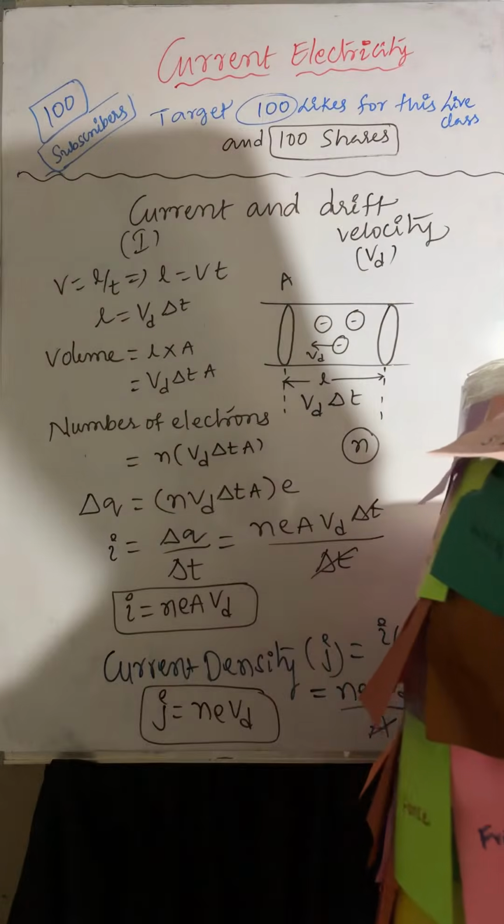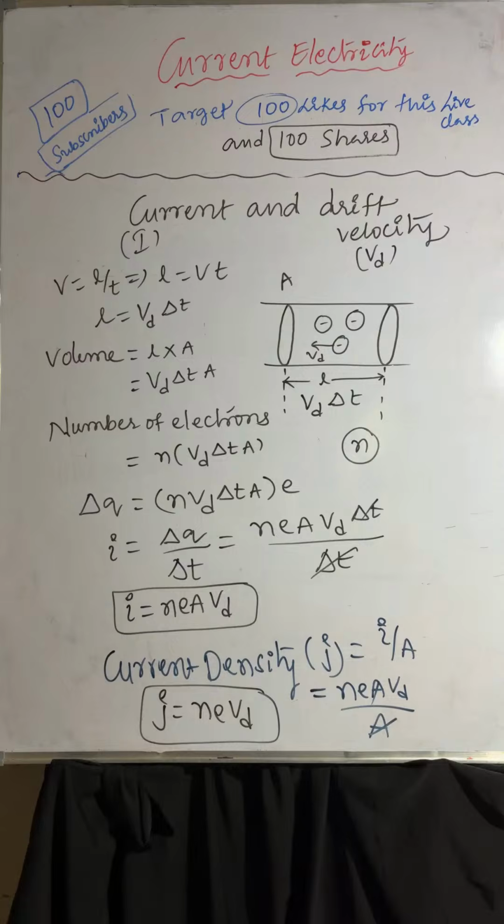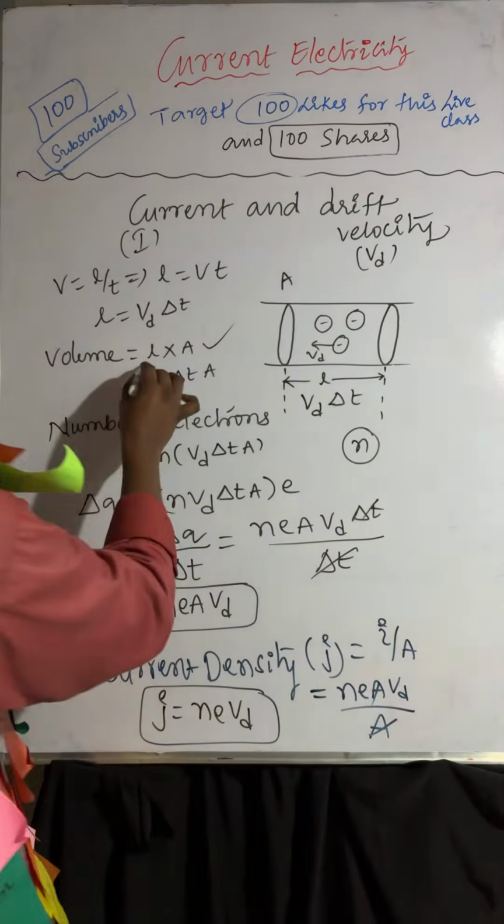So the length is Vd into delta T. Understood or not? Coming to volume, what is the volume formula? Length into area of the cross section, that is L into A.